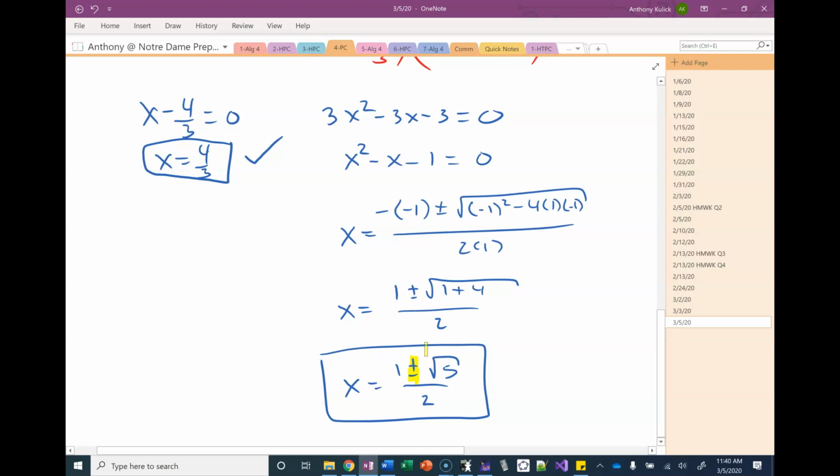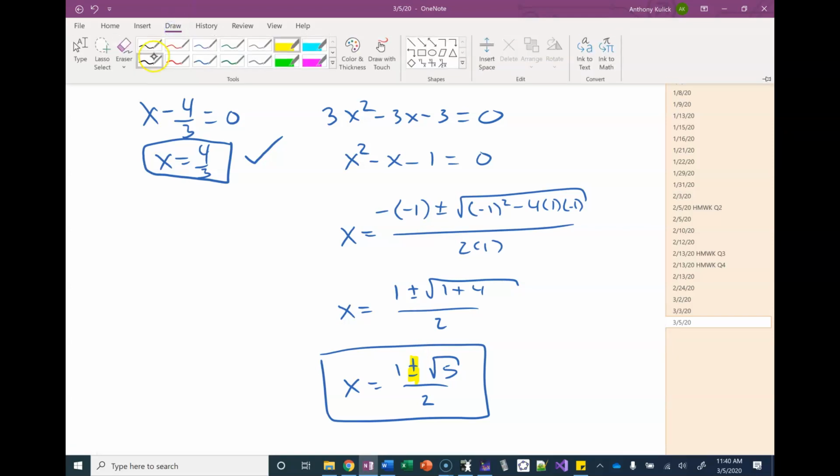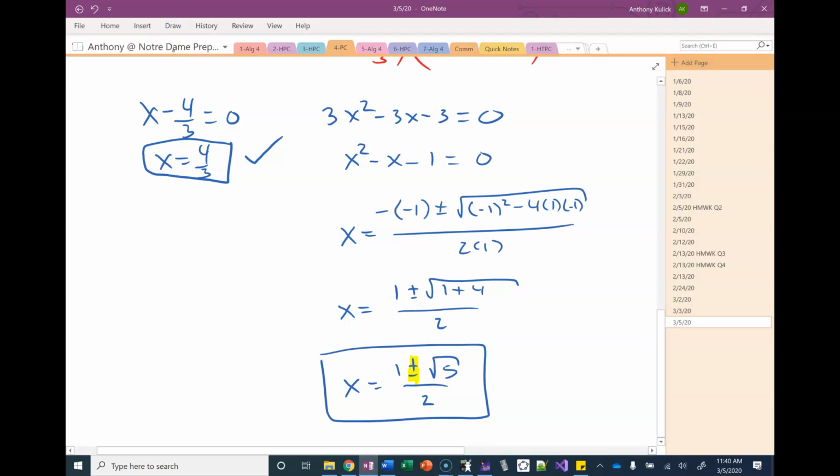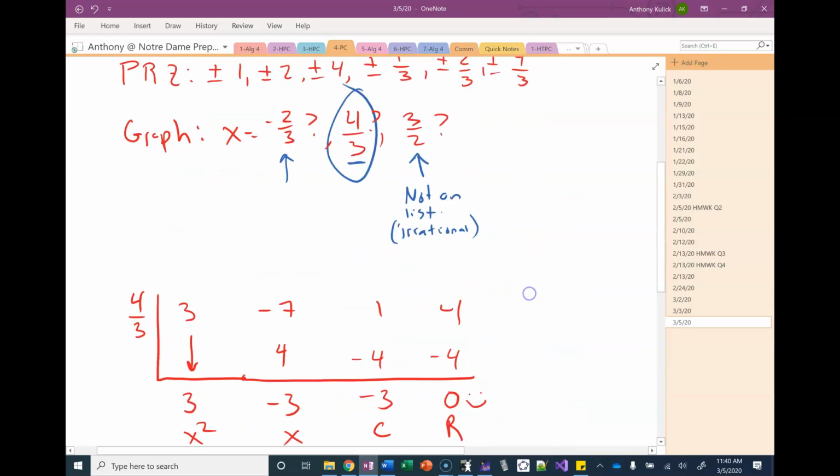So what happened to the negative 2/3? Well, negative 2/3 was not what that was. What this was, was 1 minus the square root of 5 over 2, which is approximately negative 0.61. Where did you decide to use 4/3? I just guessed.